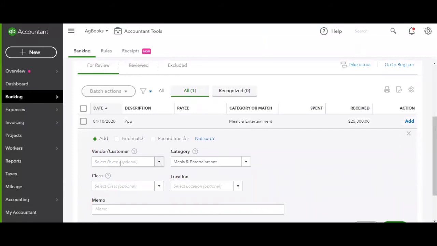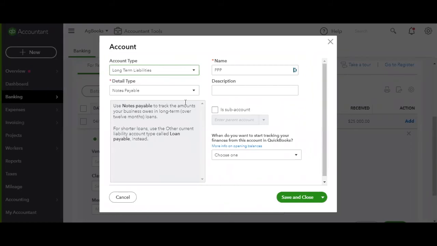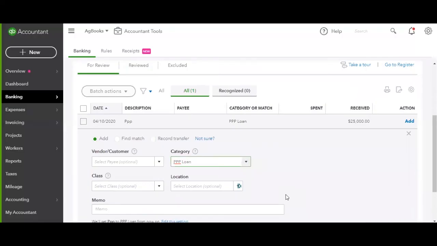Now, when it comes down to the category, you're going to go ahead and create a long-term liability, notes payable, categorize it as that PPP loan. Save and close. Easy peasy, right?